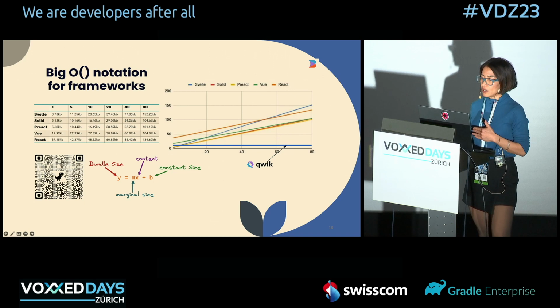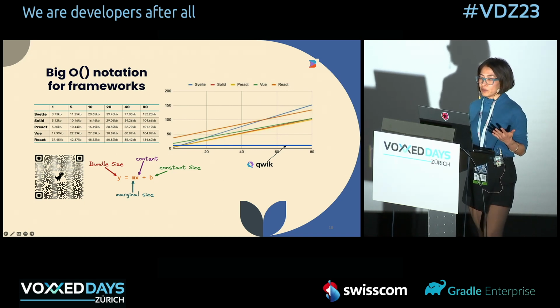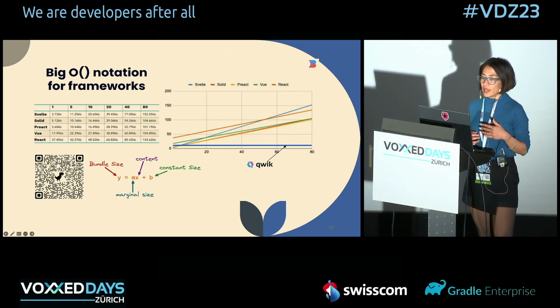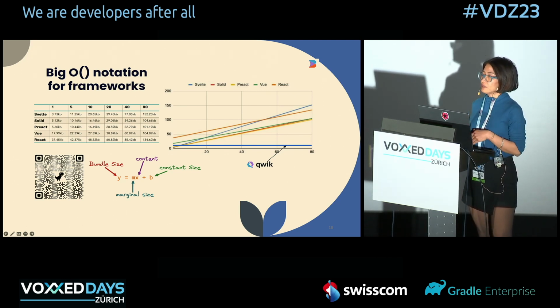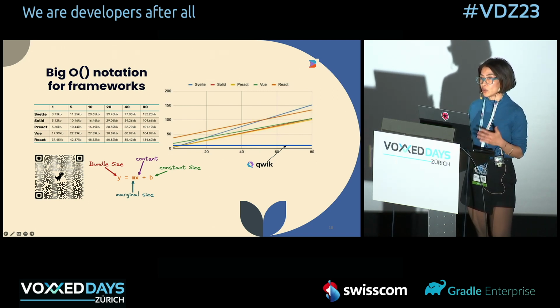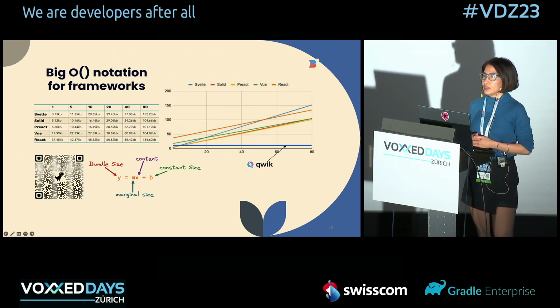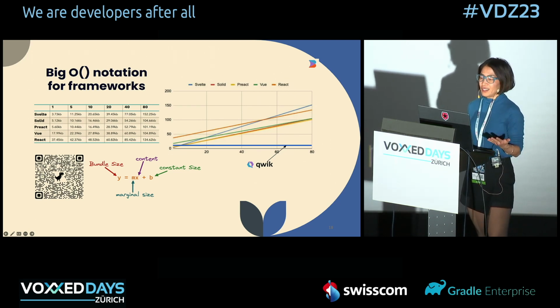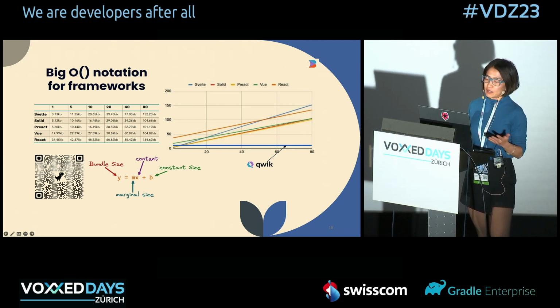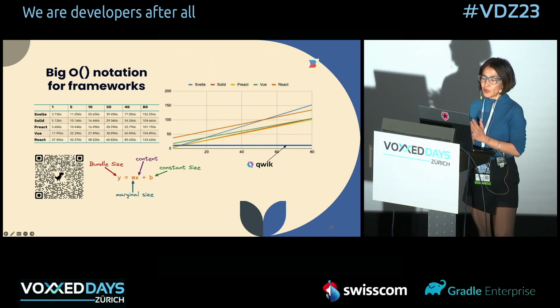Essentially, we end up downloading megabytes of JavaScript, parsing it on the browser, and then executing it, and it takes a lot of time, especially if you have a slow internet connection or weak devices. That also translates to a bad user experience. And what's worse, for businesses, it can mean losing income. So what about Qwik?